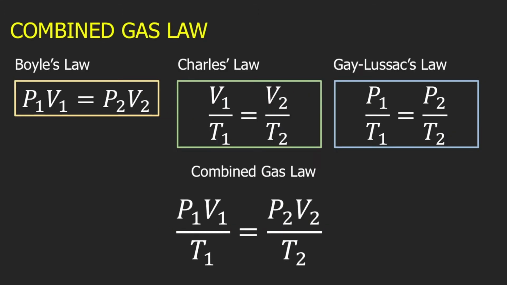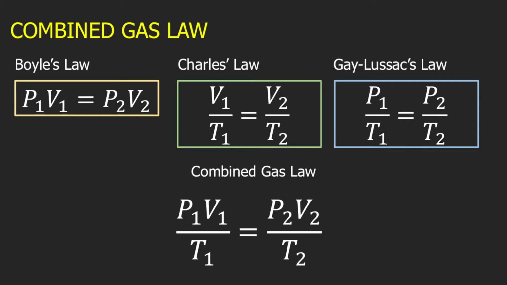Let's figure out first, why is it called combined gas law? This is because it is a combination of three gas laws. We have Boyle's law, P1V1 equals P2V2. We have Charles' law, V1 over T1 equal to V2 over T2.